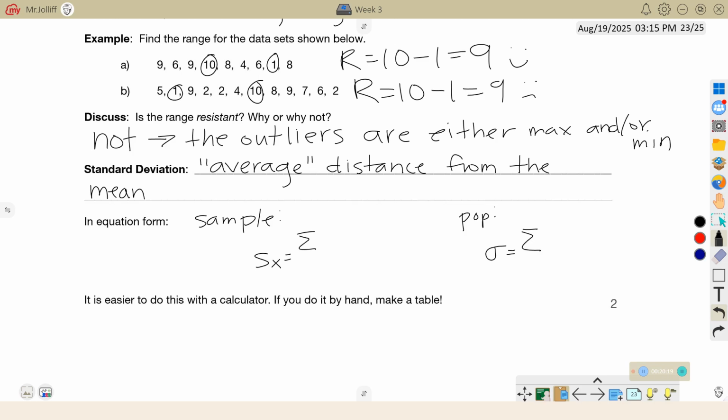So to write that, I'm going to do x minus x bar for my sample. Data value minus mean. That should be how far apart they are. What is that going to look like for my population? Something minus something. Does the symbol for data value change?